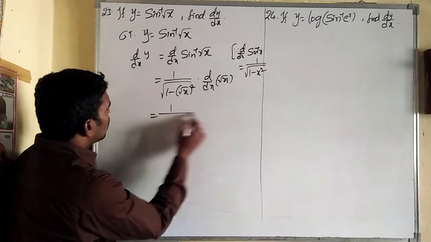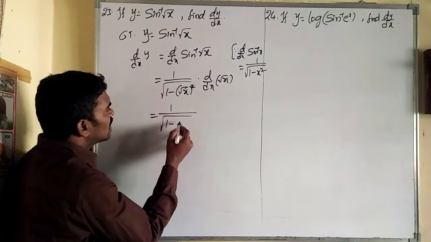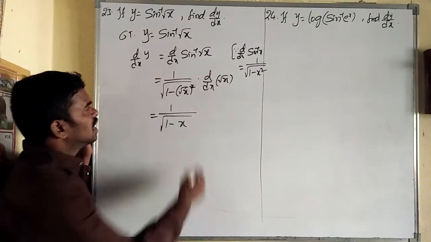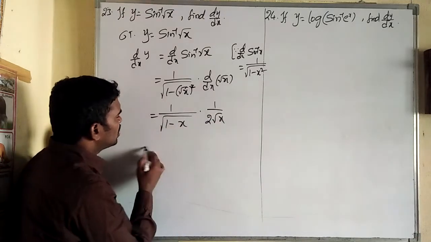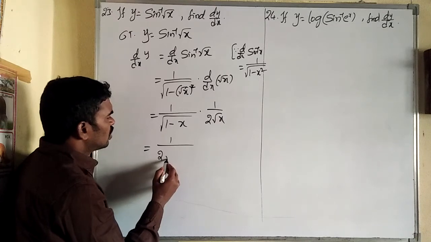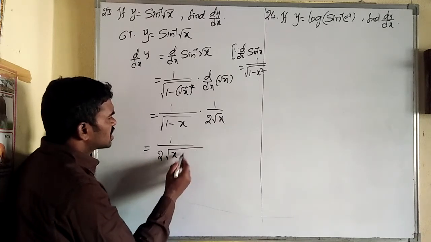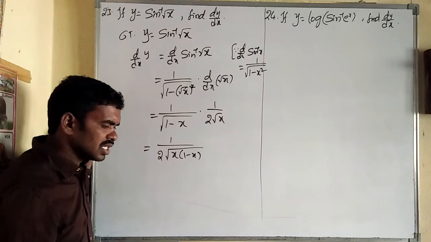This is 1 by root 1 minus root x square, which means the root and square cancel, we get 1 minus x, into the derivative of root x, 1 by 2 root x. So which is equal to 1 by 2 into root of x into 1 minus x. Okay, so this is the answer.